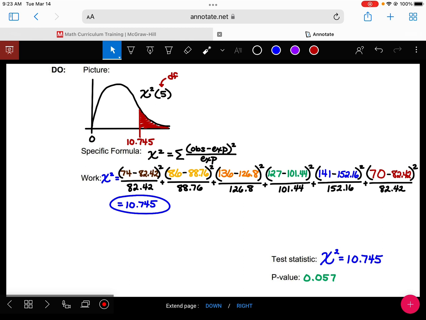You would need to show your work. This is how you calculate your test statistic. Specific formula here. Show what you're substituting into. And then we calculated our p-value.